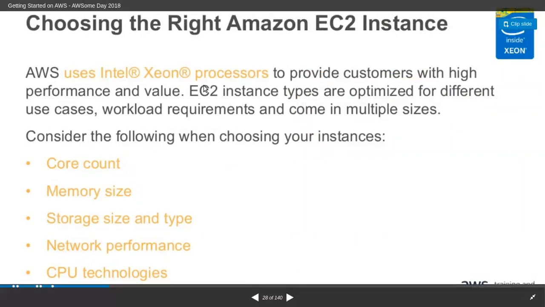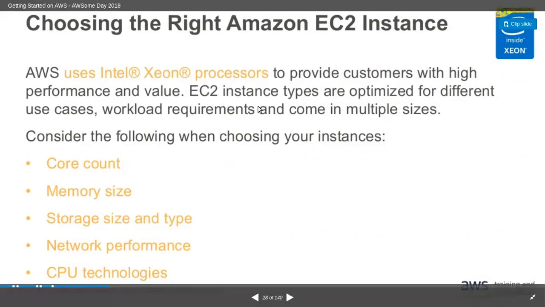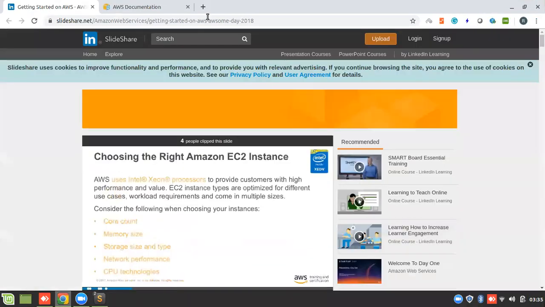Typically, AWS uses very powerful processes, but they do have some instance types which are very basic. So AWS has so many types. I think they have it in their documentation also.